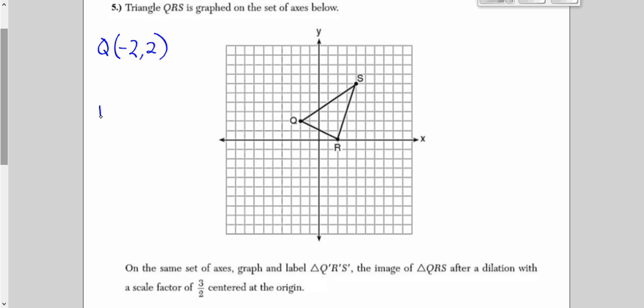And then R is at 2, comma 0. S is at 4, comma 6. And like in between here, maybe I'll do Q prime, R prime, and S prime.